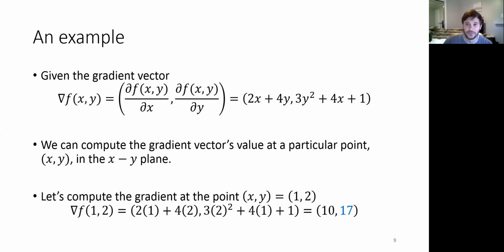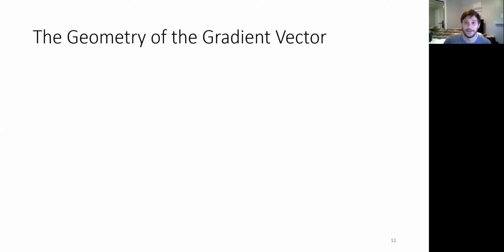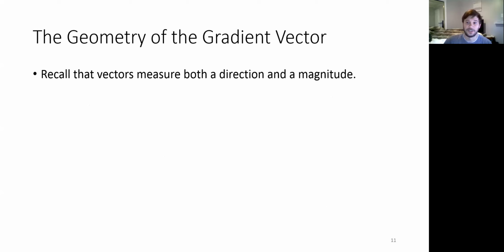Now, I mentioned before that understanding this is important really from a geometric perspective. So let me talk about that a little bit. Recall that geometrically a vector in general measures both a direction and a magnitude. There's a directional component and there is a magnitude.